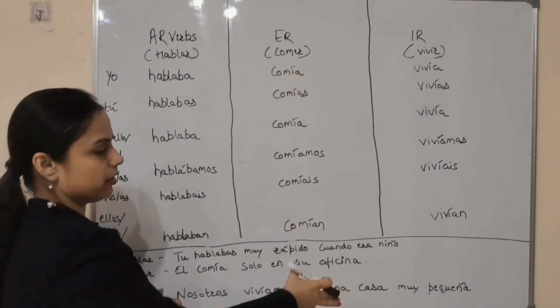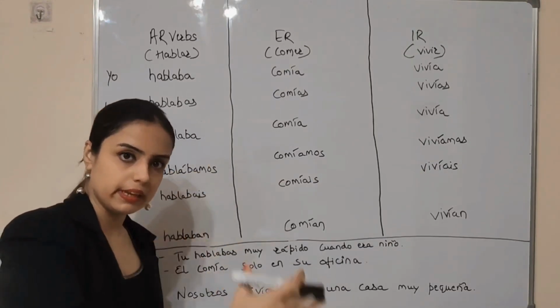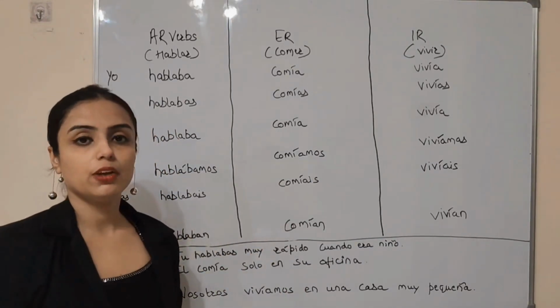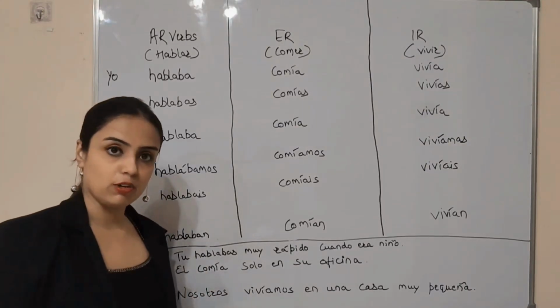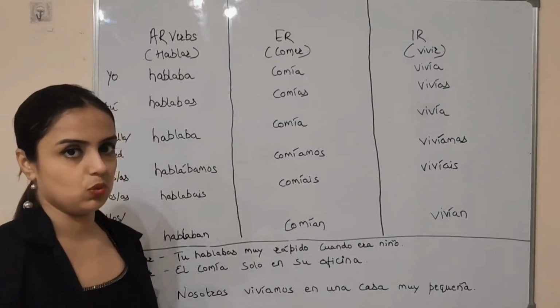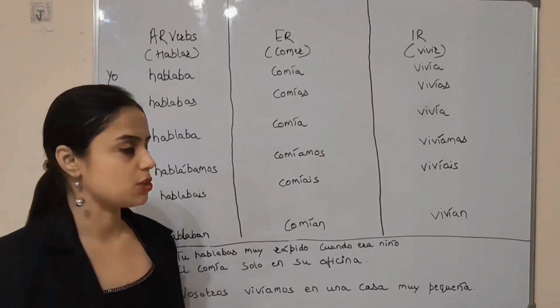So here I have jotted down the conjugations of regular AR, ER and IR verbs, so that you can gauge how they are conjugated in Pretérito Imperfecto. For irregular verbs, I will be explaining in my upcoming session.